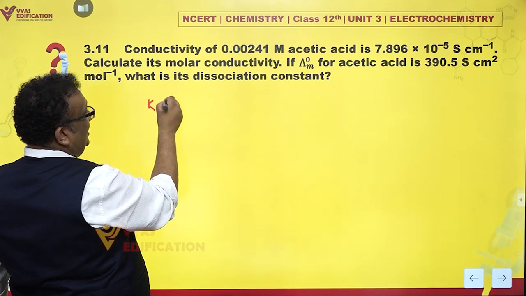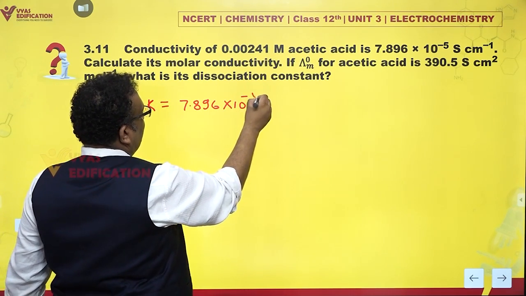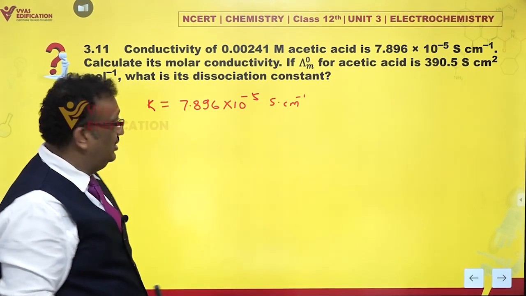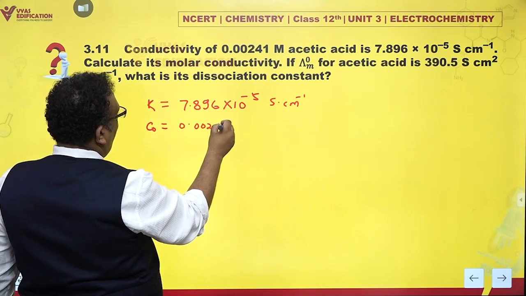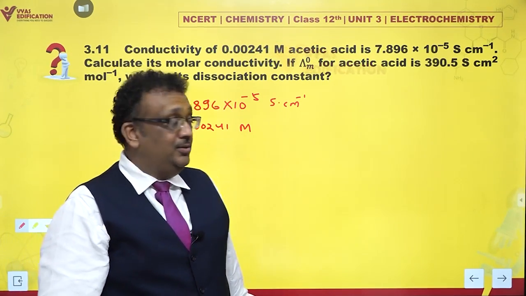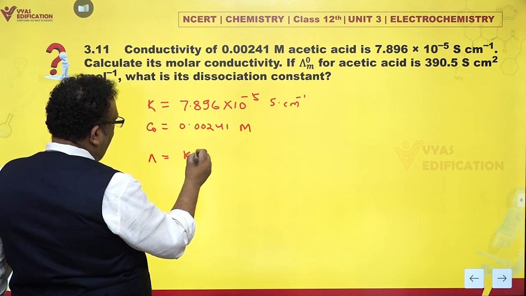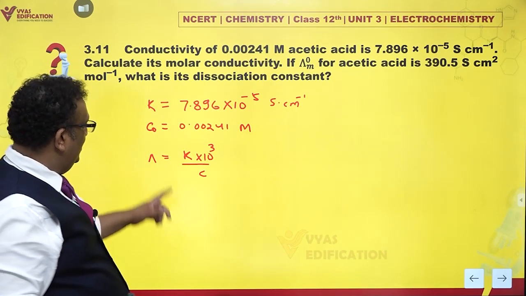We are given the conductivity. So kappa has been given to me as 7.896 into 10 to minus 5 Siemens per centimeter. Concentration C naught is 0.00241 molar. Now, what about lambda? Lambda is kappa into 10 raised to 3 upon C. If CGS units are present, I'll use that.